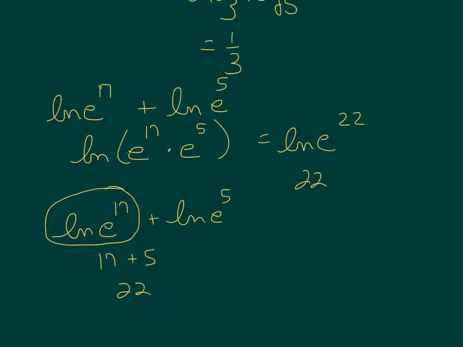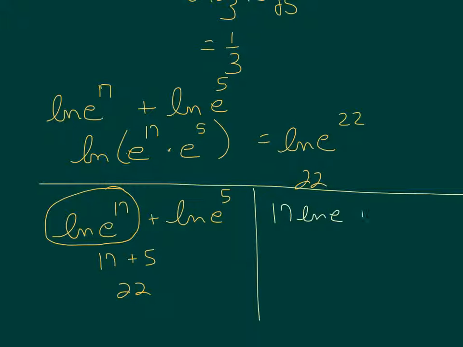Or you can think of it this way. We can take that first one and say 17 times the natural log of e plus 5 times the natural log of e. For some of us, one way makes more sense than another; we're more likely to remember it. What is the natural log of e? It's 1. So you just have 17 plus 5, which is 22.